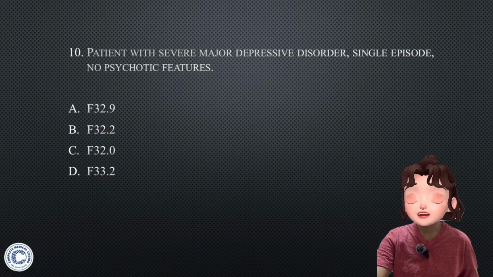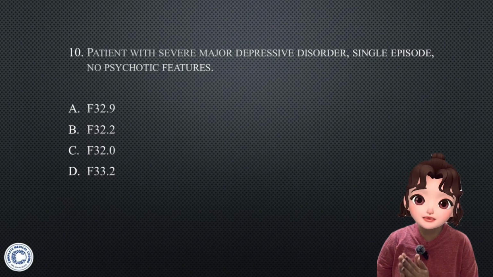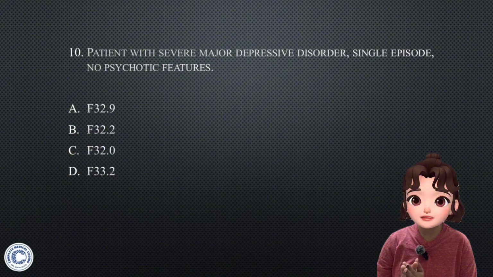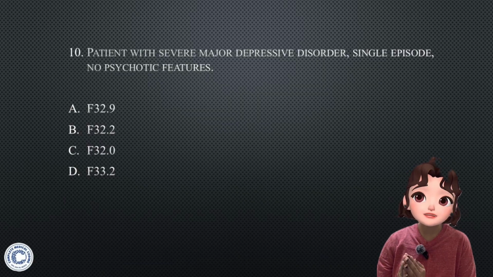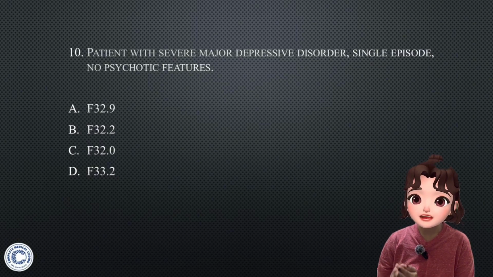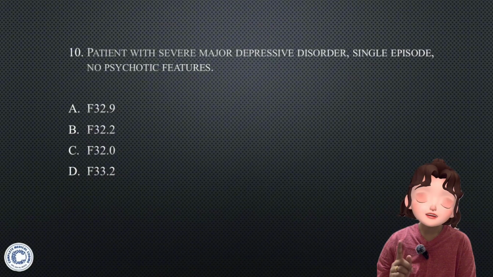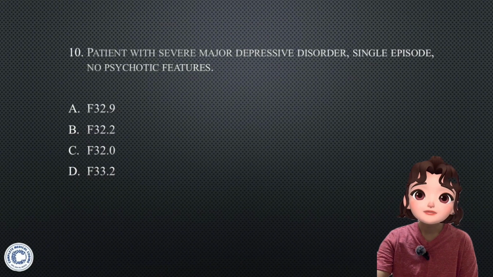And in option A, it is just mentioned patient with major depressive disorder, single episode. It didn't mention the severity or no psychotic features. So A is also wrong. So here the correct answer as per the question is option B, F32.2, which is severe major depressive disorder, single episode, no psychotic features.